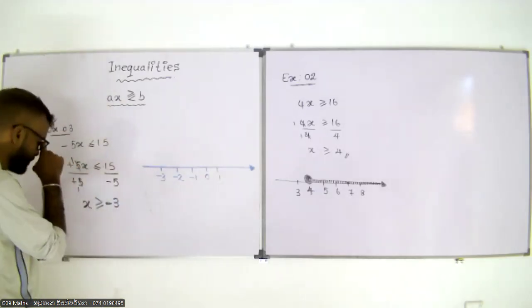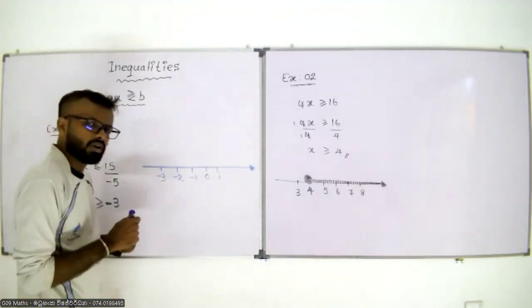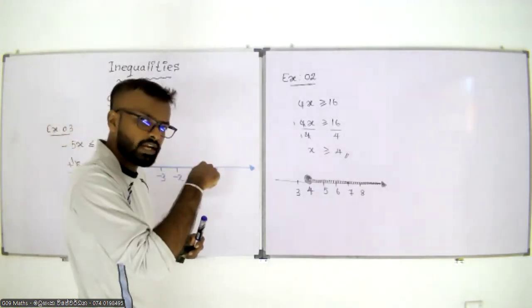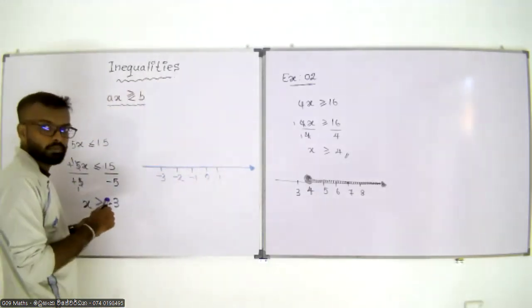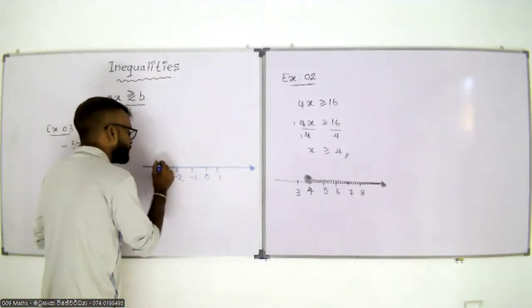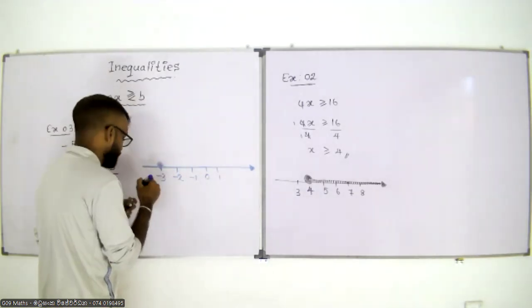So here x is greater than or equal to -3. So are we going to shade or highlight the circle? Yes, because we have the equal mark. So we are going to highlight the circle like this, right?